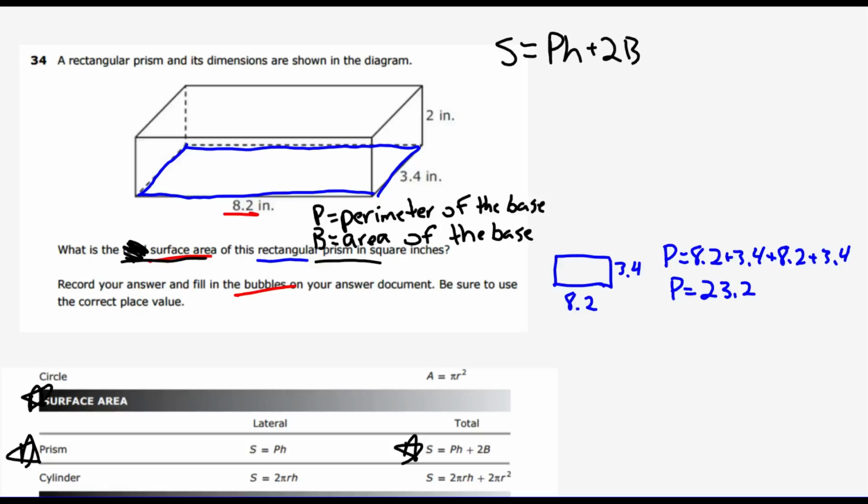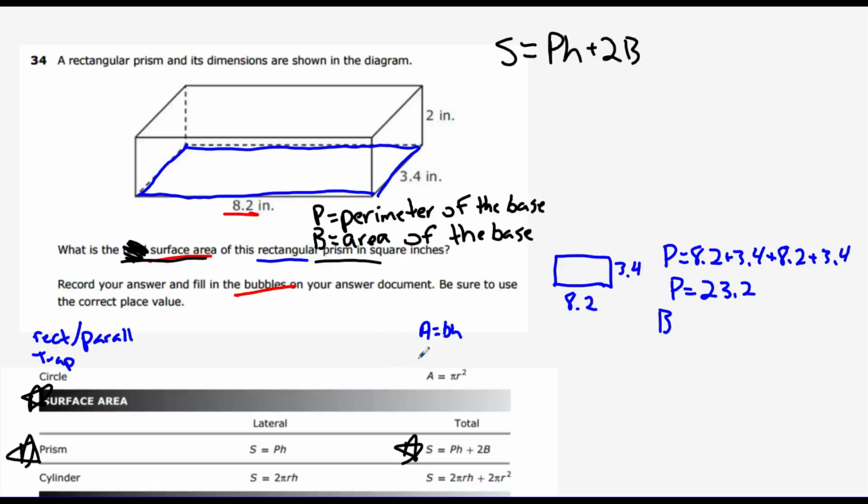Okay, area of the base. If you forgot the formula, it's right up here. That's circle, and here's trapezoid, and then rectangle. Is rectangle and parallelogram on the same line? I think it's the same line in 8th grade. Whatever. It says area equals base times height.